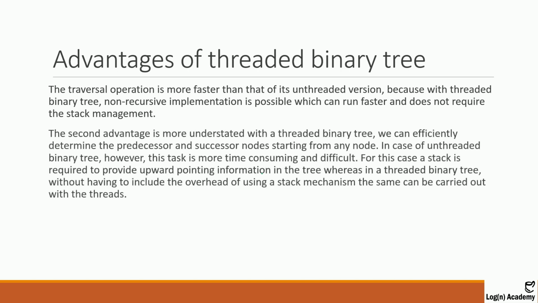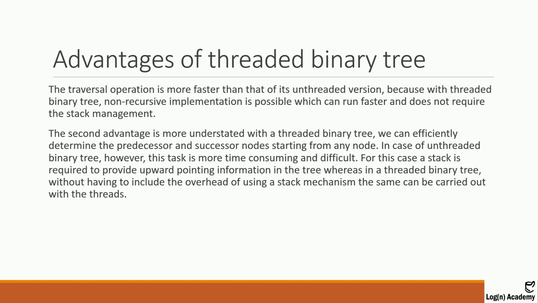The second advantage is more understated. With a threaded binary tree, we can efficiently determine the predecessor and successor nodes starting from any node. In the case of an unthreaded binary tree, however, this task is more time consuming and difficult.